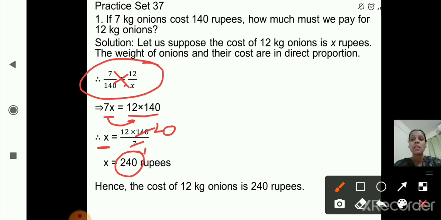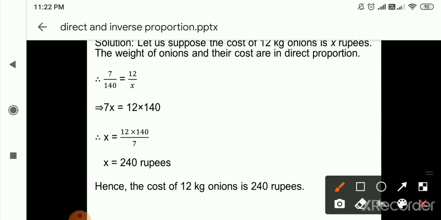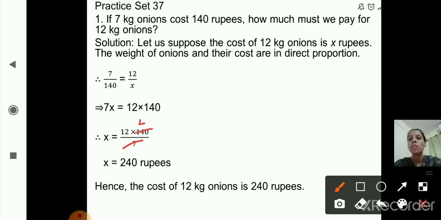So x is 12 into 140 upon 7. Now we can cancel this: 7 ones are 7 and 7 twos are 14 and 0. So here it is 12 multiplied by 20, and the answer is 240. The final statement is, hence the cost of 12 kg onions is 240 rupees.